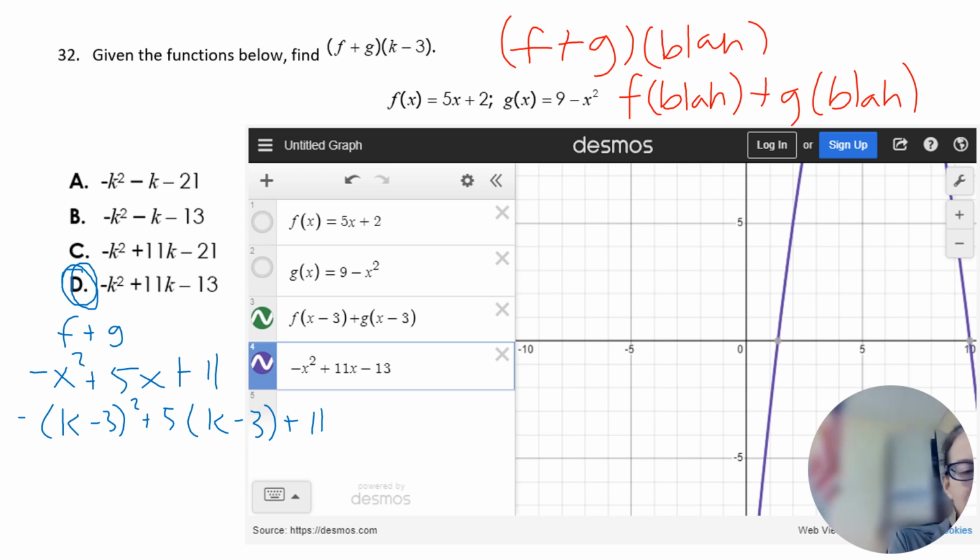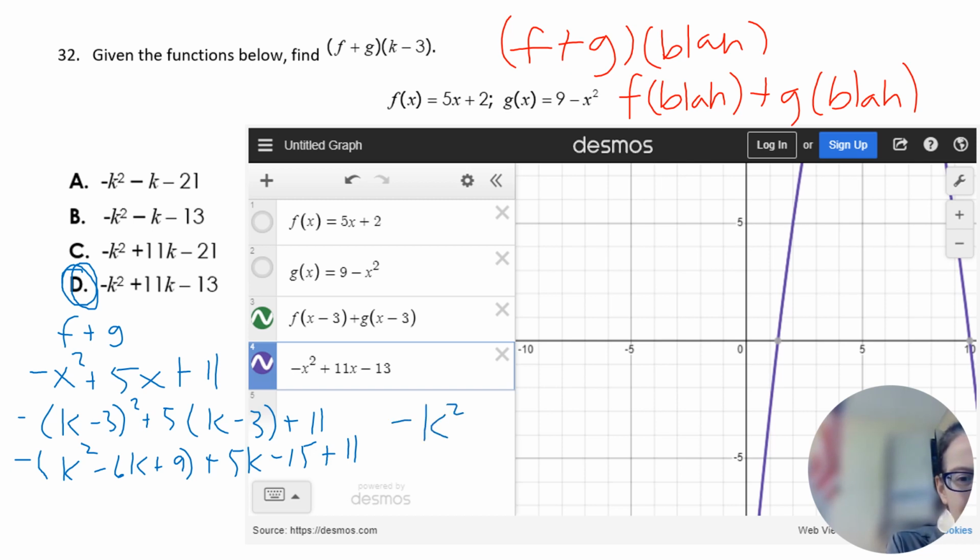And this is where a lot of people are going to have an issue. So we have negative, and then this will be k squared minus 6k plus 9, plus 5k minus 15, plus 11. And most of you have checked out.